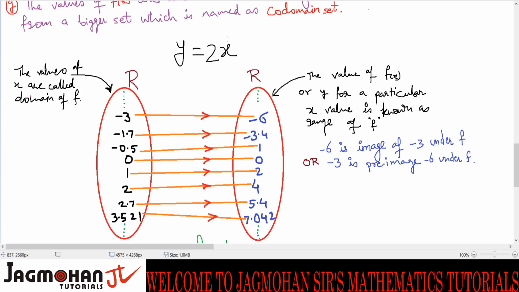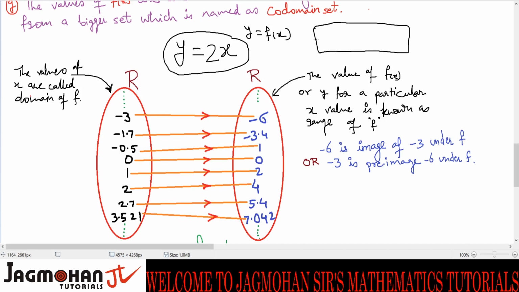So we have so far understood that a function can be represented with the help of an equation, that is y equals f of x. A function can be represented with the help of a table, that also you saw. You write here x, you write y, and then the several values of x, and for every value of x you get a specific unique value of y.